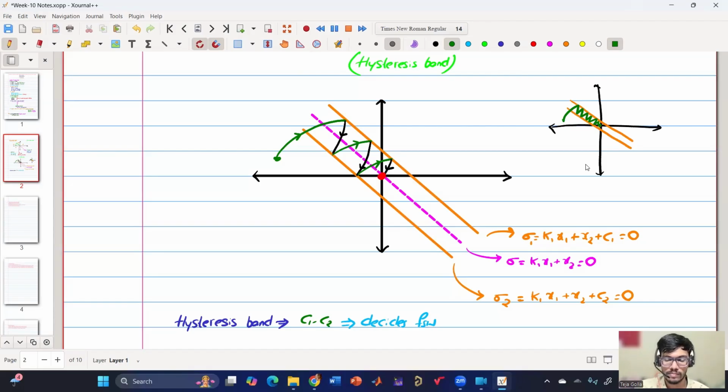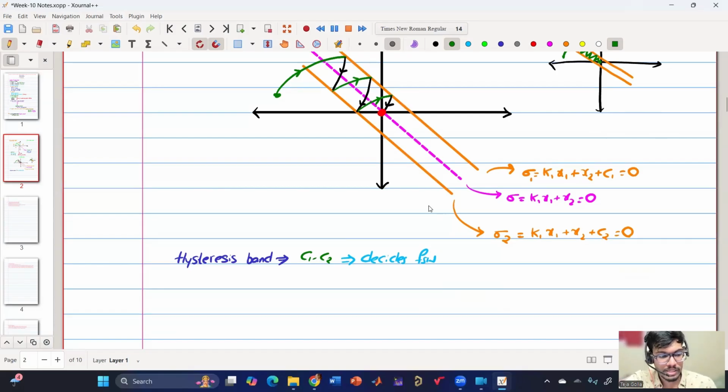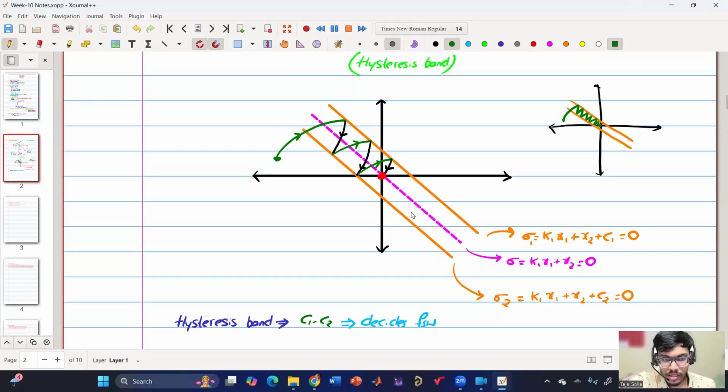Okay, got it, sir. So basically, the green corresponds to Q equals 1, and the black corresponds to Q equals 0. We are calculating sigma.